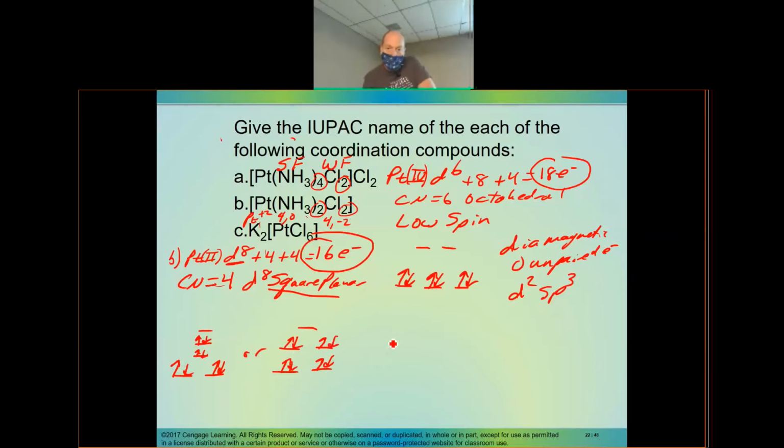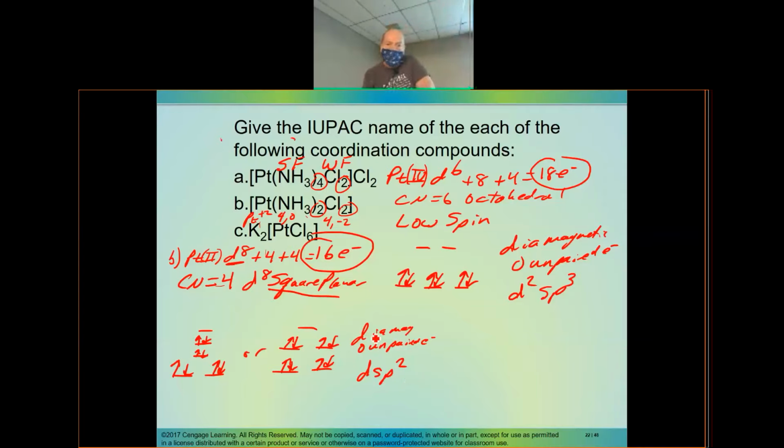Again, diamagnetic, 0 unpaired electrons. The hybridization, again, with square planar, the top is always empty and it never changes. The hybridization for square planar is always dsp2. It takes that d orbital, then an s, and then 2 p's for its 4 orbitals.